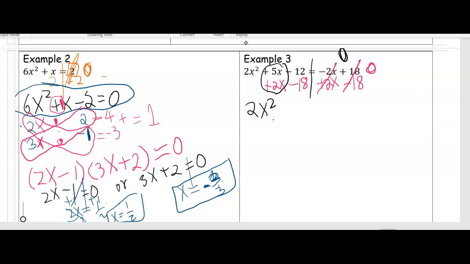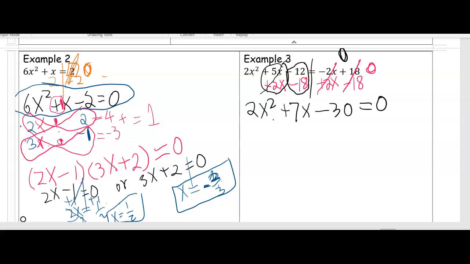You can combine them by adding up the number in the front. So it's 7x. After combining them, they're gone. Okay? And the two single numbers, you can combine them. Negative 12 plus negative 18 gives you negative 30. And on the right side equals 0.